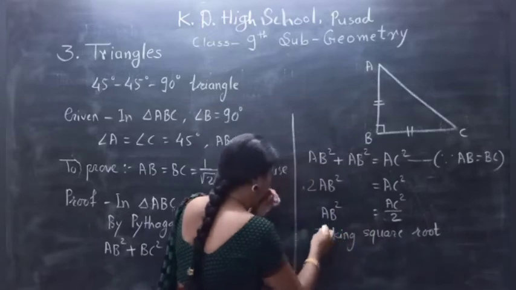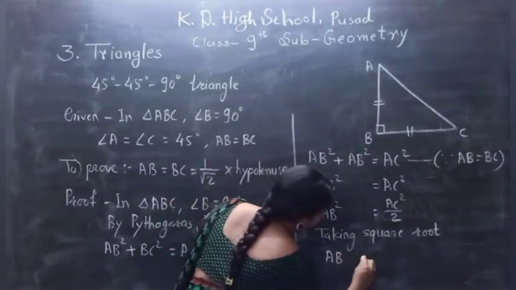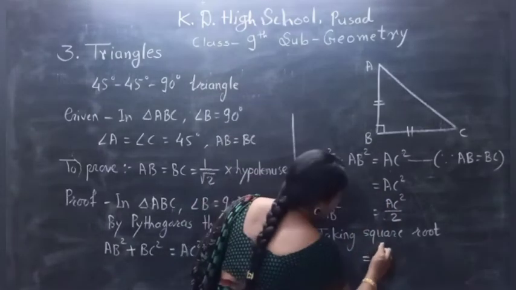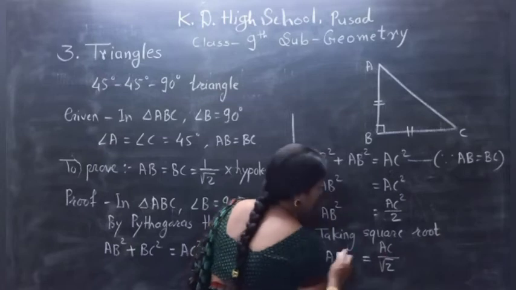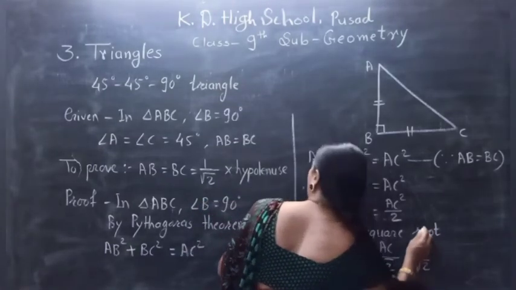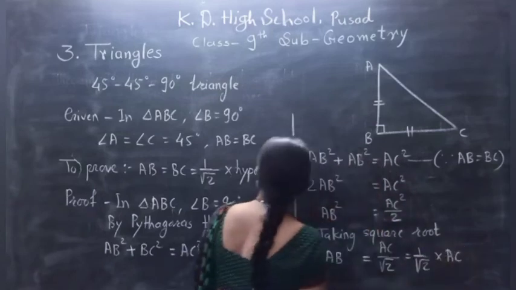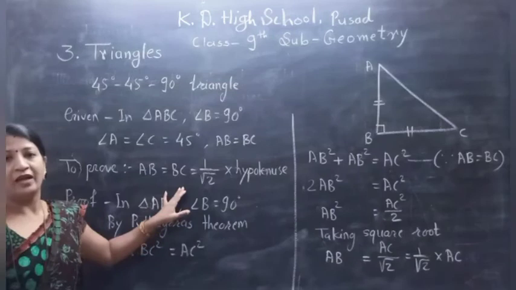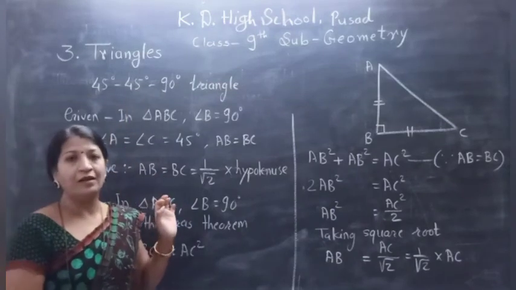Square root of AB square, that is AB, is equal to square root of AC square, that is AC, over square root of 2, which is root 2. So we can write it as 1 by root 2 times the hypotenuse. AC is nothing but the hypotenuse. Okay, that we have to prove in case of the 45-45-90 triangle theorem.